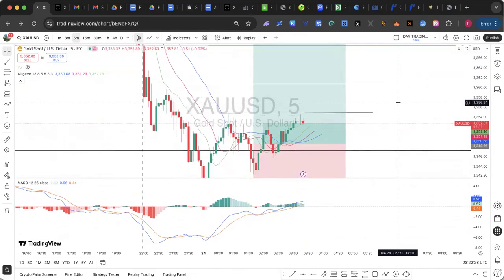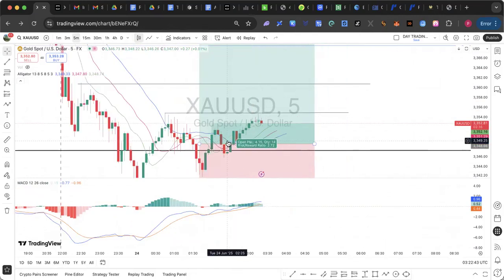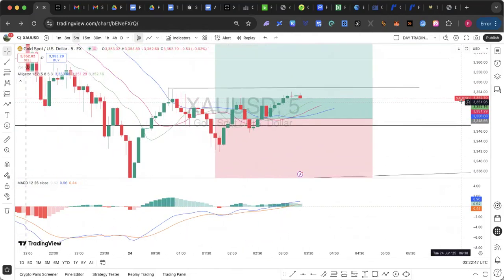Because with the alligator, you are looking for an entry when you have a bullish candle. So if you're looking for a buy, you want a bullish candle to close above the jaw of the alligator. If I spread it out, you're going to see that this blue line is the jaw of the alligator, and we have a bullish candle that closes above it.